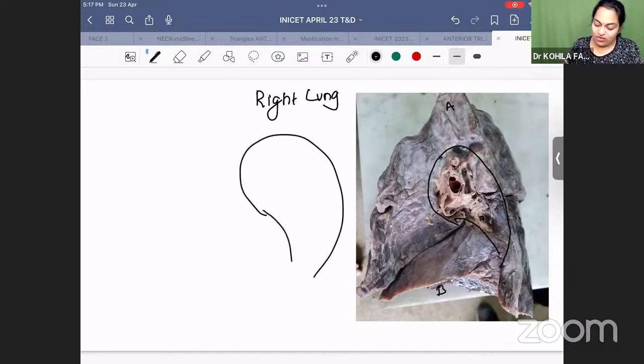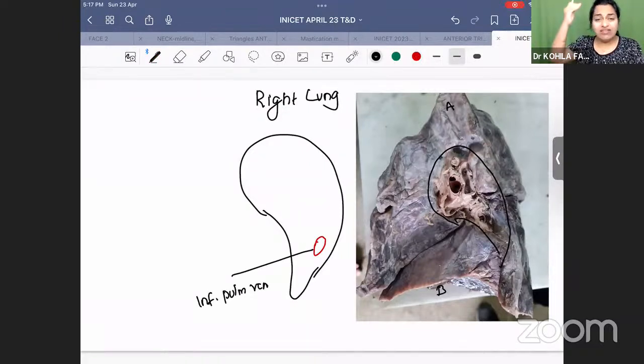What is the arrangement of structures in the hilum of the right lung? Easy. Always the inferior most structure is going to be the inferior pulmonary vein, carrying oxygenated blood.